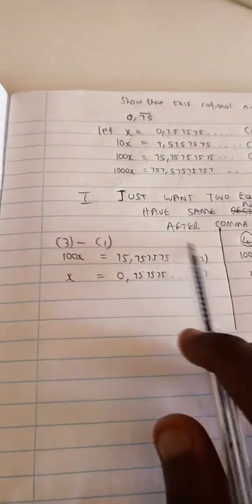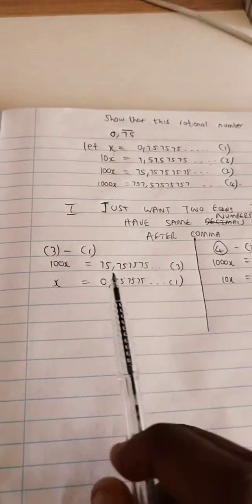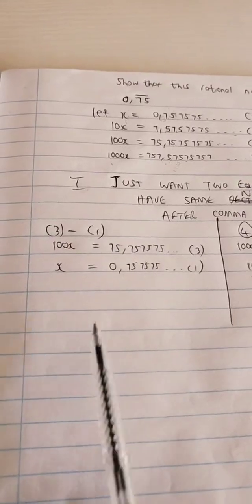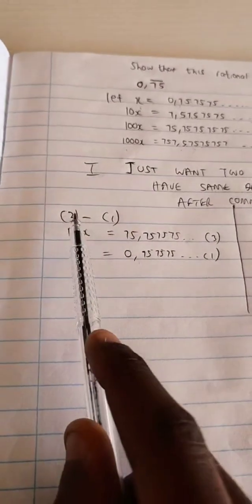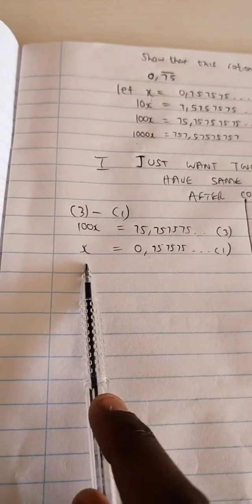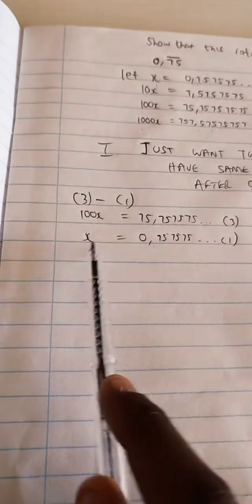Okay, so let's first check equation 3 minus equation 1 and see if we get the same answer here. So on the left, we subtract 100x minus x. What's 100x minus x, guys?